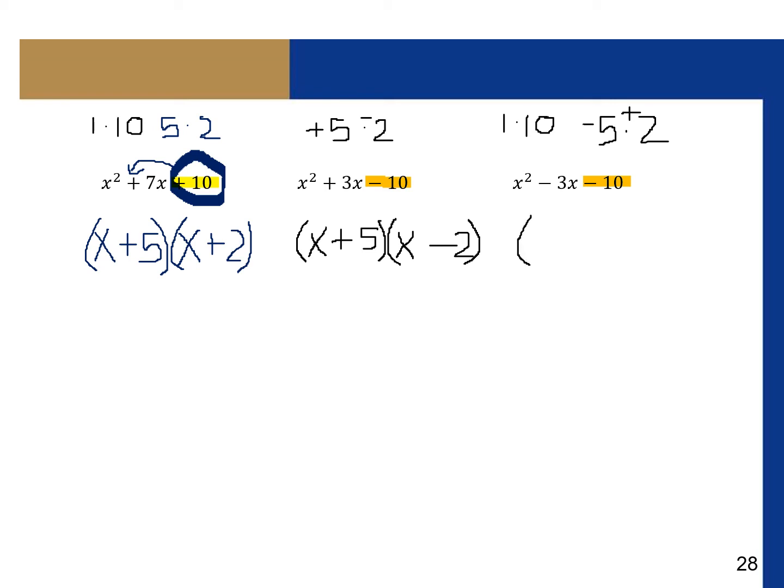So again, x's are in the front. And this time I'm going to have minus 5 and plus 2.